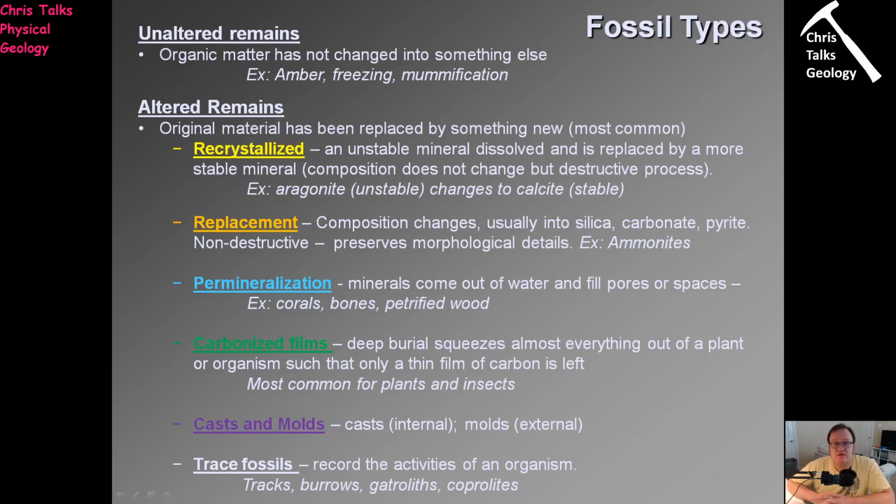The final way you can have unaltered remains is through preservation in tar. You've probably all heard of the La Brea tar pits in California. If an organism goes into those tar pits, then the body you get out from them is not going to be the original body. The muscles, the skin, everything else will fall off the carcass.